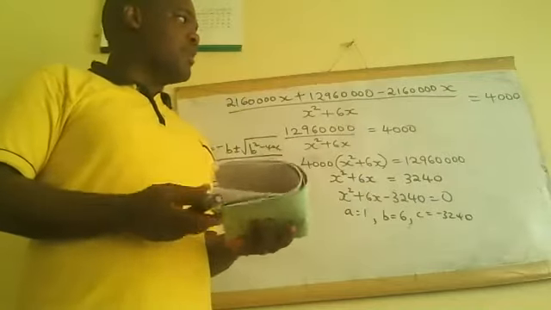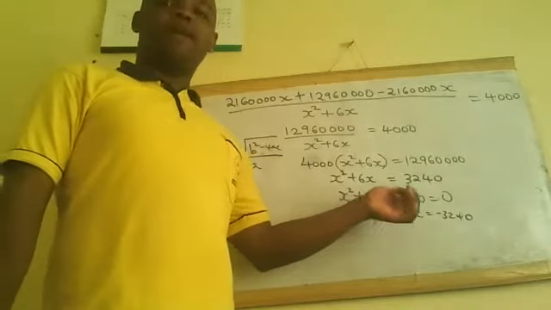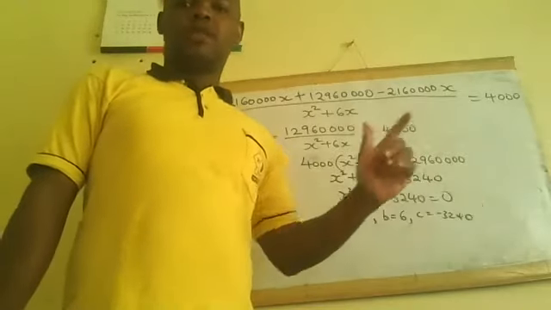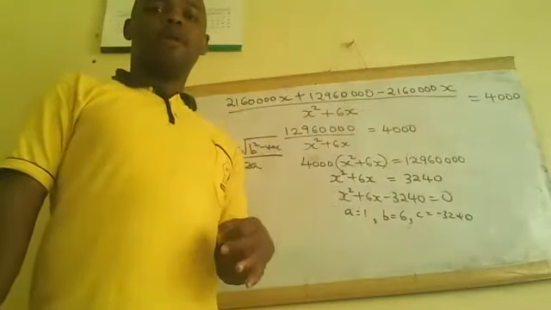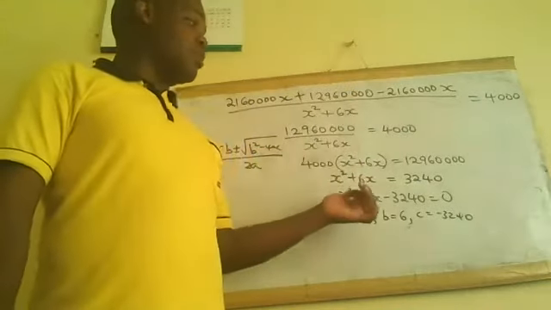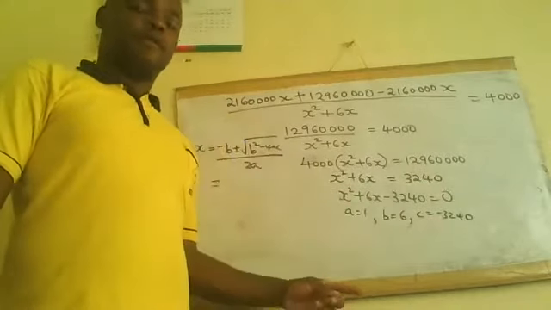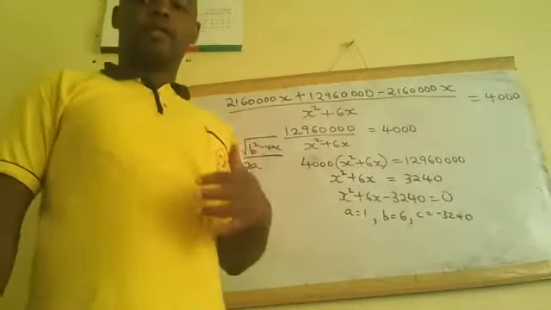Because what you are basically doing is rewriting the equation in the form ax squared plus bx plus c equals 0. So that is the main thing. When you have one problem, make sure you convert the equation to the form ax squared plus bx plus c equals 0, then solve, and then you get the answer.